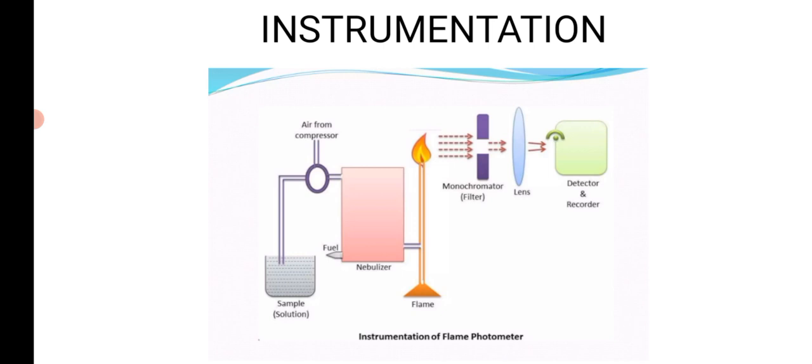So the metal ions and elements are nebulized. Next, the filter is used for the conversion of polychromatic light into monochromatic light. And finally, with the help of the lens, we show what type of element is present in that particular sample.